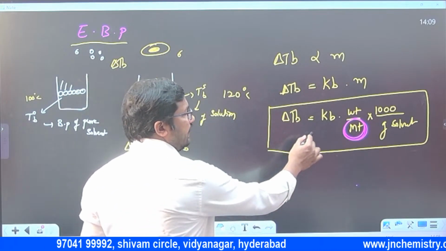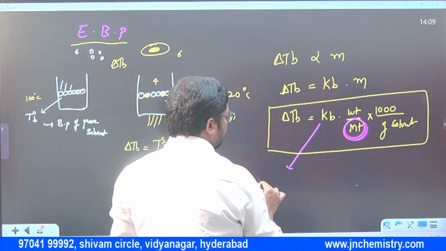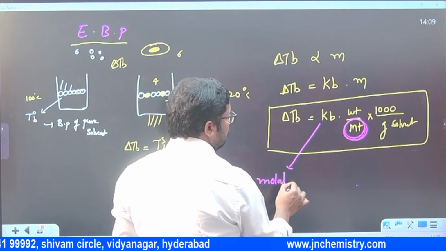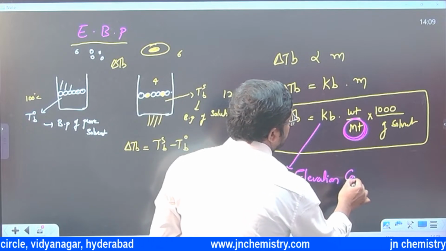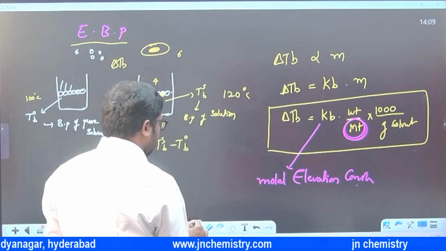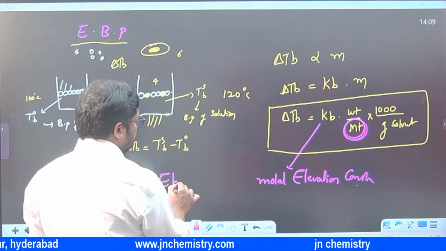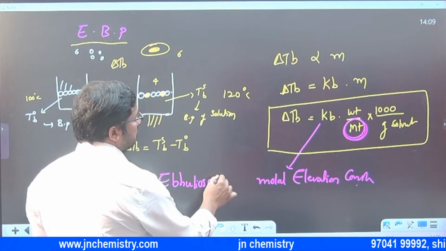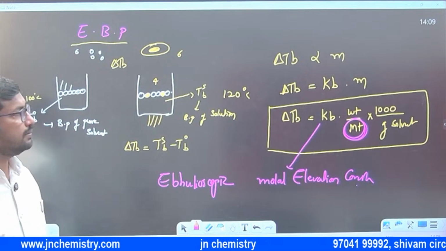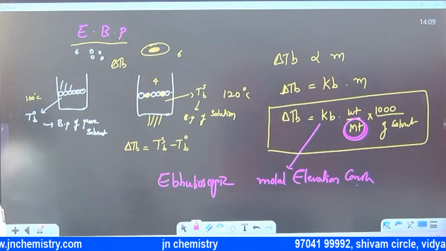So this Kb is nothing but the molar elevation constant or molar ebullioscopic constant. Ebullioscopic constant, molar elevation constant. Clear?